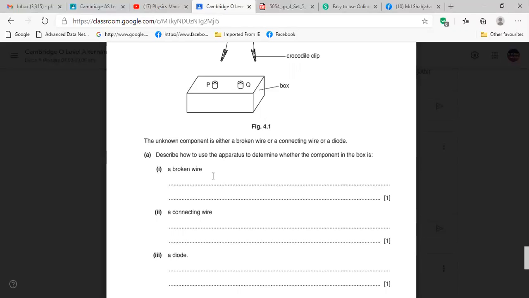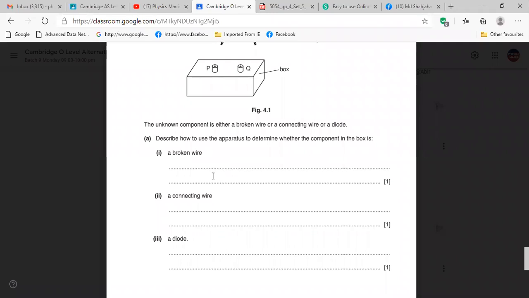Then Tamjid. Have you written these two, A1, A2? Yes, sir. Then what you wrote about A3? Sir, I wrote the diode will not light up.